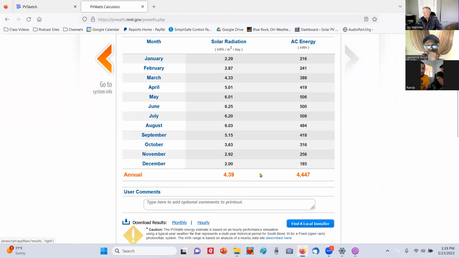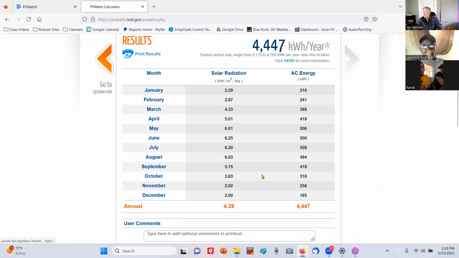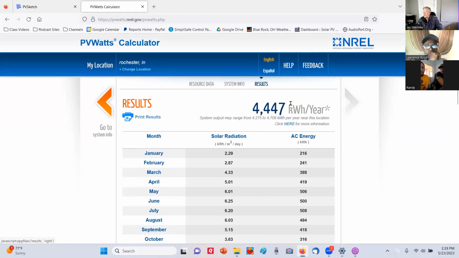So now I can get the 4.39, which would be your insolation. And this is telling us that this system, as it's been configured, is going to generate in the neighborhood of 4,447 kilowatt hours per year. So when we talk about per month, it's that divided by 12.